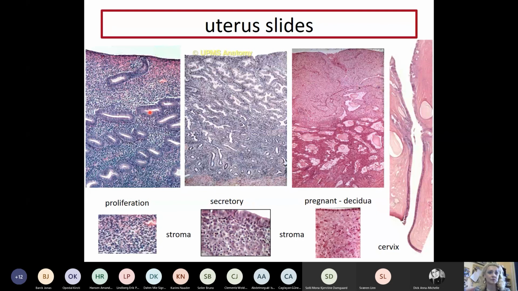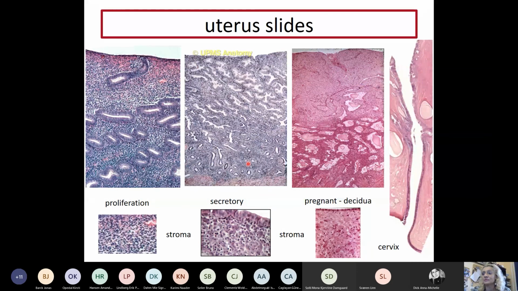If you learn the basics, what I told you today, with the morphology of the glands, with the morphology of the stroma cells, you cannot mix them up, because here there is no sign of secretion in this. Lumen is small, the gland lumen is regular, and the cells are regular too, not pale.